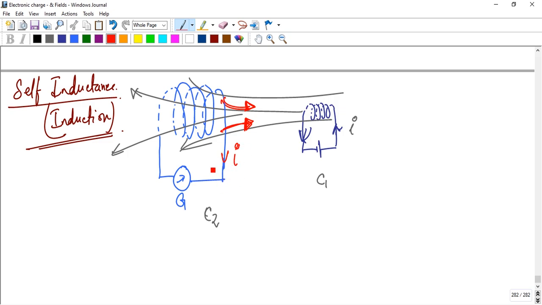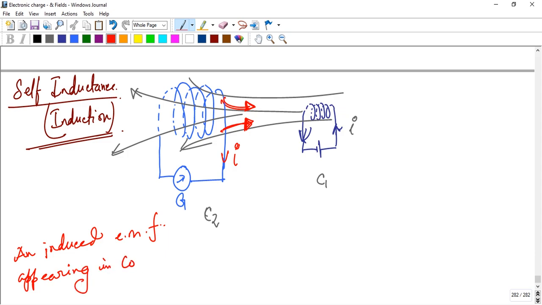This induced EMF appears in the second coil according to Faraday's law, in the coil in which the current is changing.